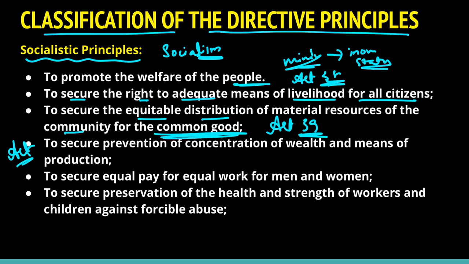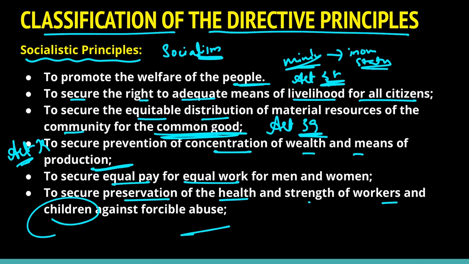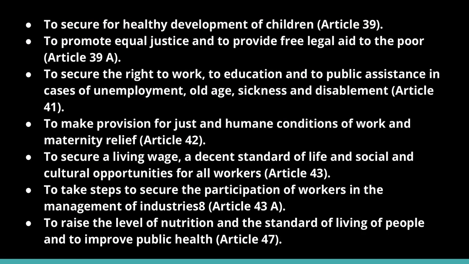Article 39 also secures prevention of concentration of wealth and means of production, and equal pay for equal work for men as well as women. It also secures the preservation of the health and strength of the workers and the children against forcible abuse. And finally, Article 39 secures healthy development of the children.